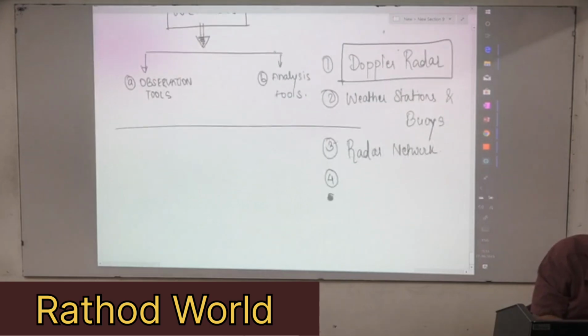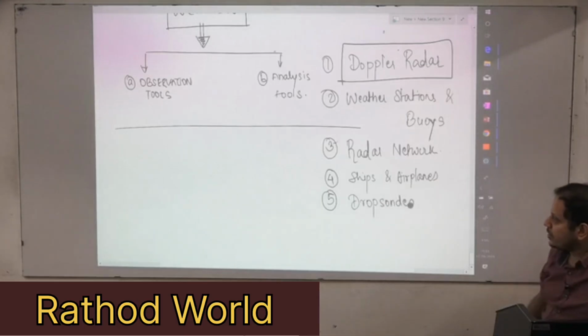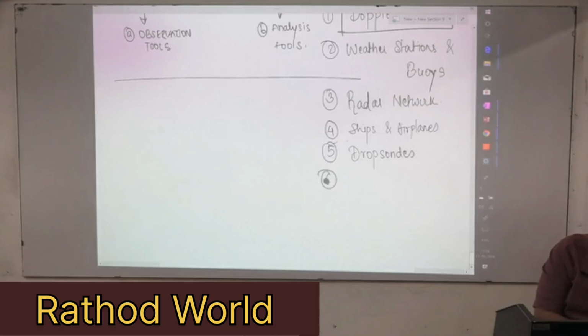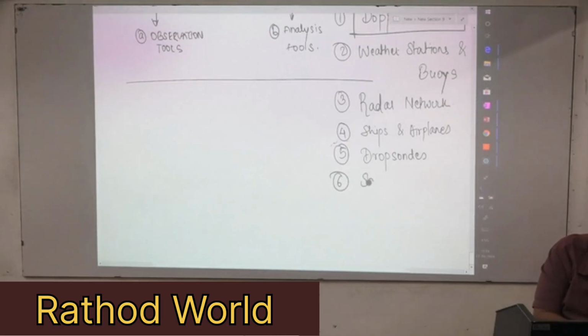Fifth, drop zones. What is drop zones? Sixth, satellites.